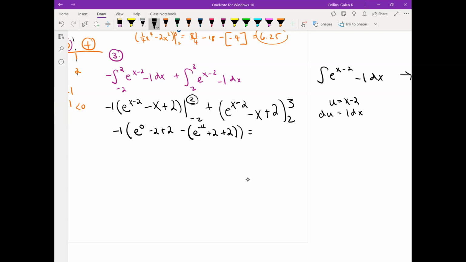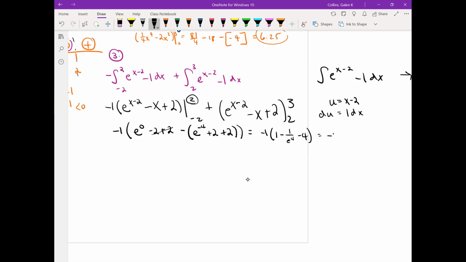All right, so this alone becomes negative 1 times e to the 0, which is 1. These 2's cancel out. And then if I distribute that subtraction, minus e to the negative 4, or 1 over e to the 4th, minus 4. So I get 1 minus 4 is negative 3.